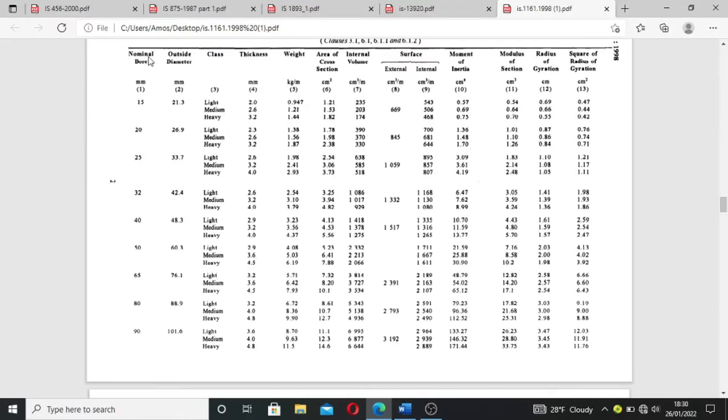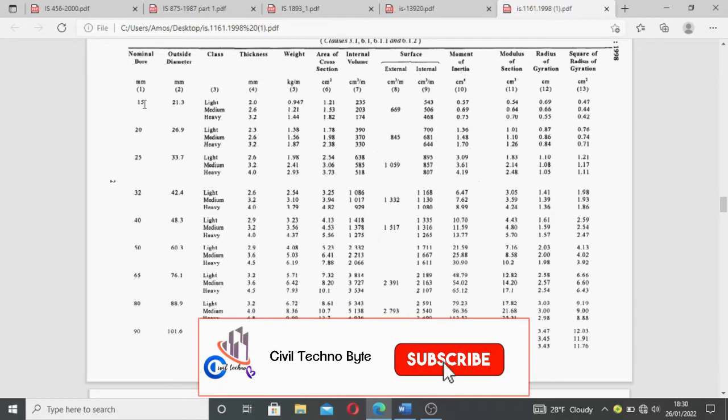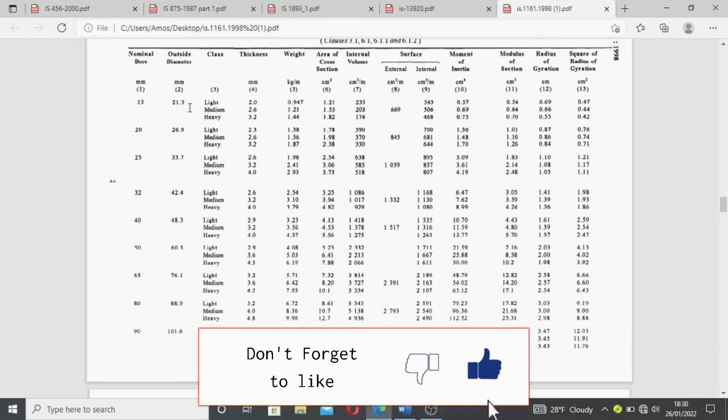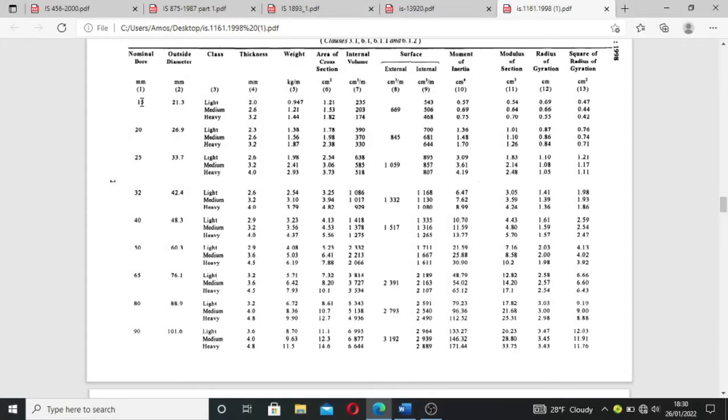You can see nominal bore means inside dia, and outer diameter means outer to outer dia. In this you can see there is wall thickness. If you go for outer 21.3 mm, then you will have 3 categories: light, medium, heavy.